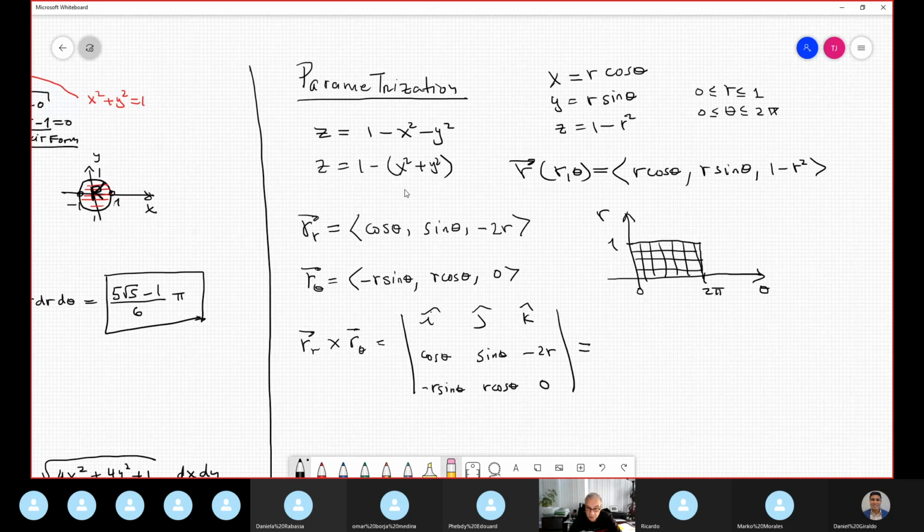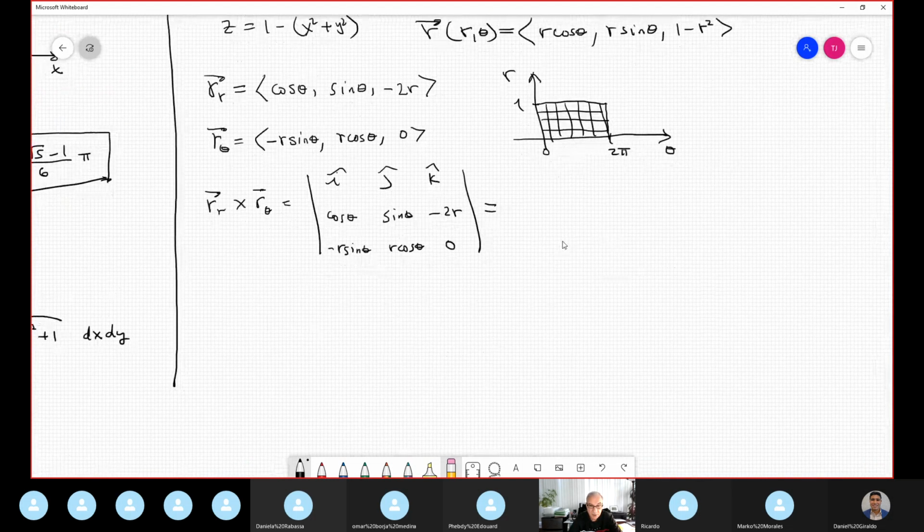And you do this cross product. I don't want to do it all, I only put the final answer. The final answer is minus 2r squared cosine theta, minus 2r squared sine theta, r.